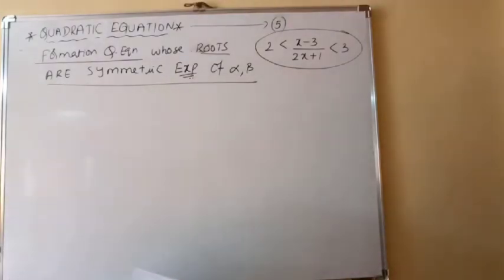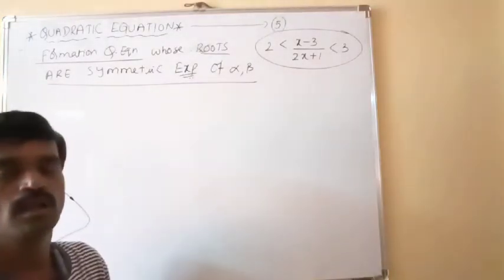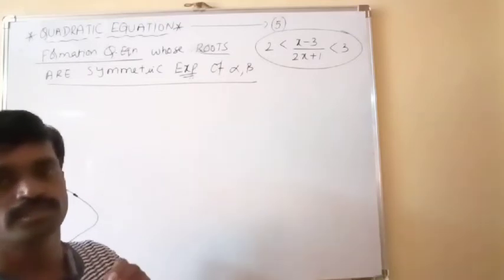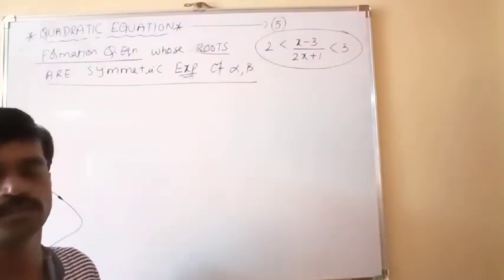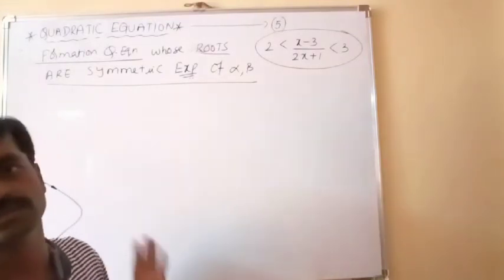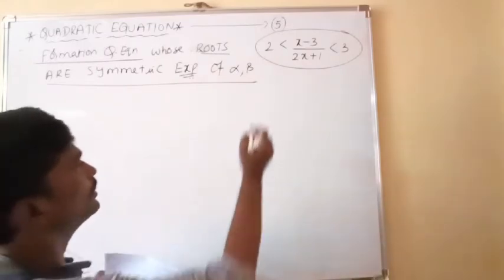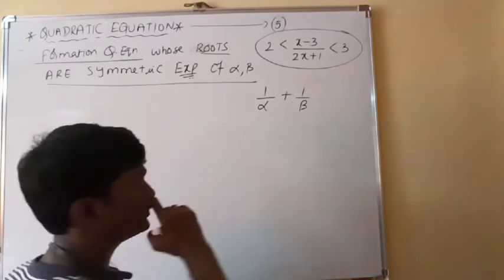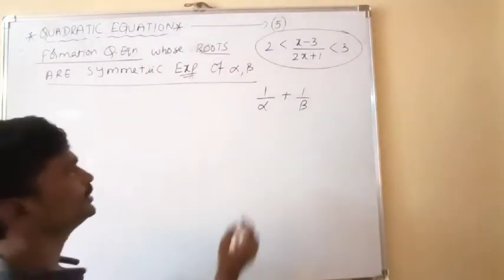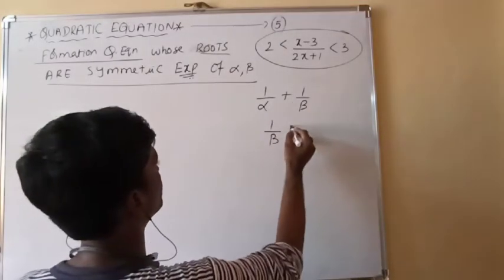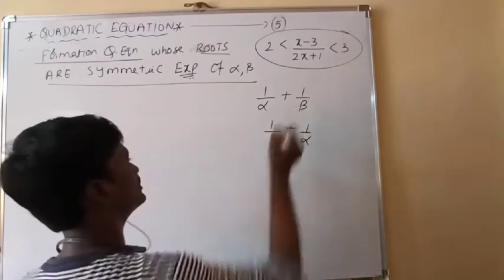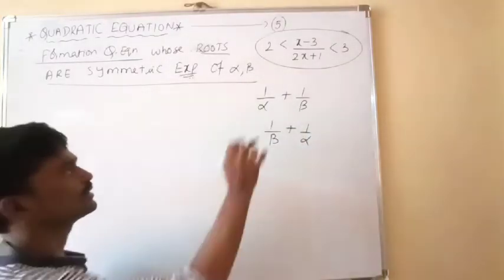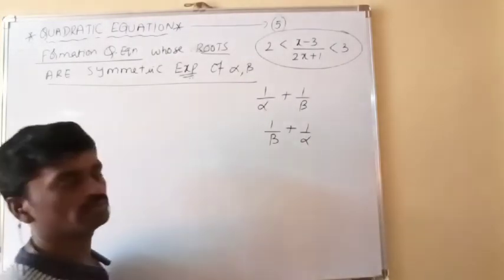Symmetric expression of alpha and beta means that in the expression, if you interchange alpha and beta positions, the expression still remains the same. For example, 1 by alpha plus 1 by beta is an expression. If you interchange the positions of alpha and beta, you will get 1 by beta plus 1 by alpha, which is the same as the given expression. So it is called a symmetric expression of alpha and beta.